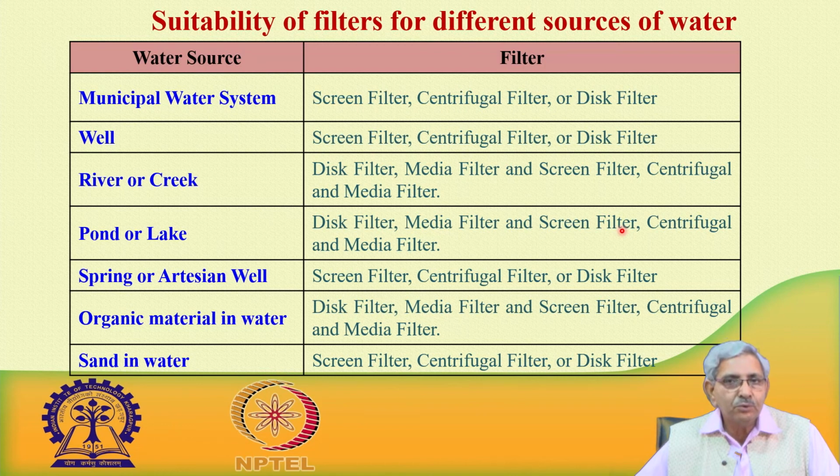One needs to know the source of water which will be used for irrigation, and accordingly an appropriate type of filter or group of filters is to be used. One should not use a micro irrigation system without a filter. It can have one particular type of filter if the quality of water is very good, or it can have more than one or two filters.